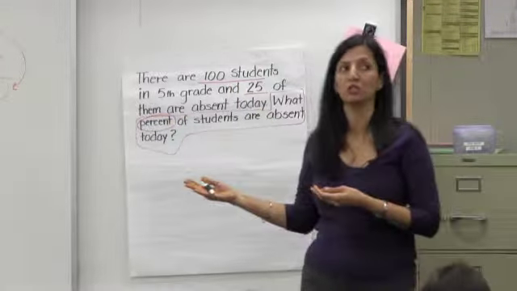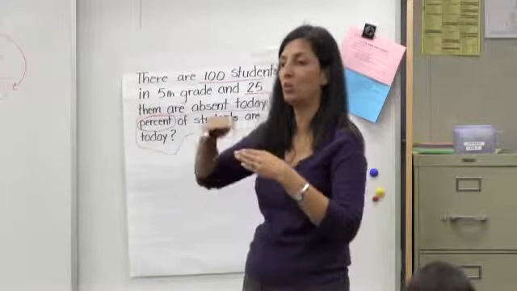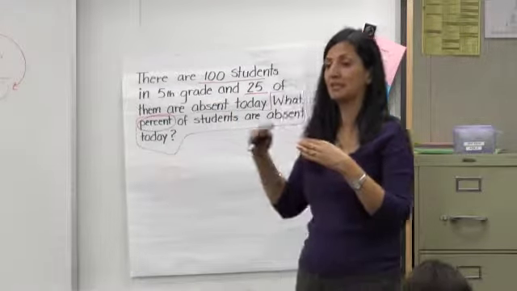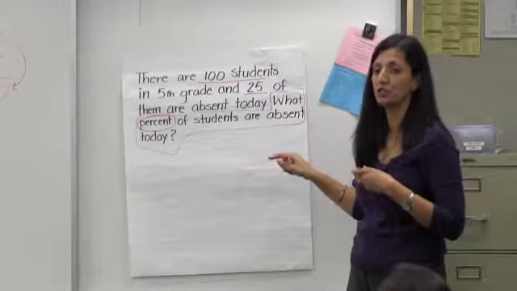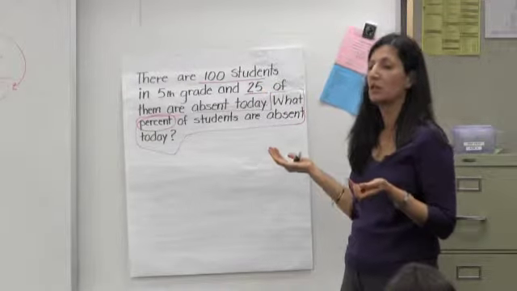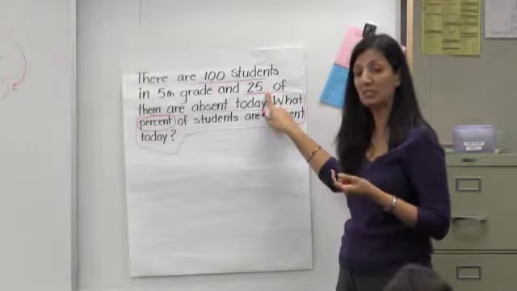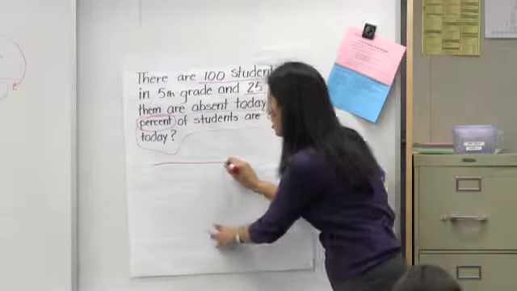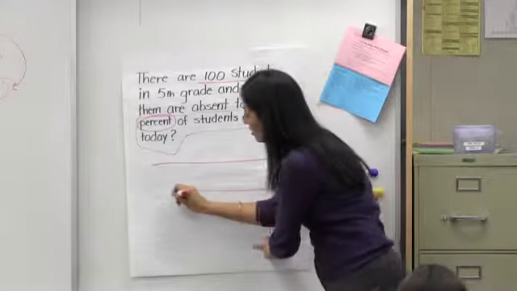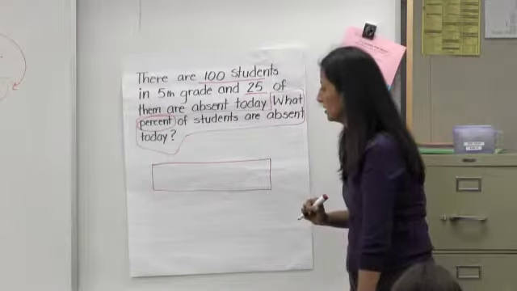And from the discussion we just had, remember, percent is always out of 100. If you think of this, how many are the total students? 100. How many are absent today? 25. Okay, we should probably draw a model to see how that works.